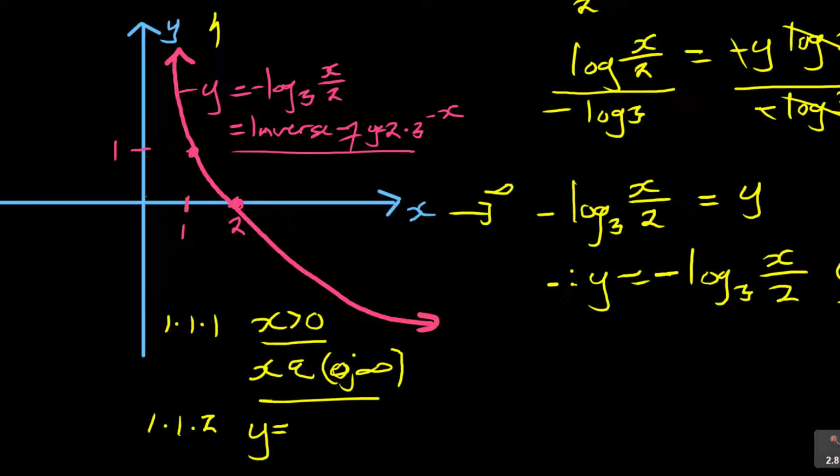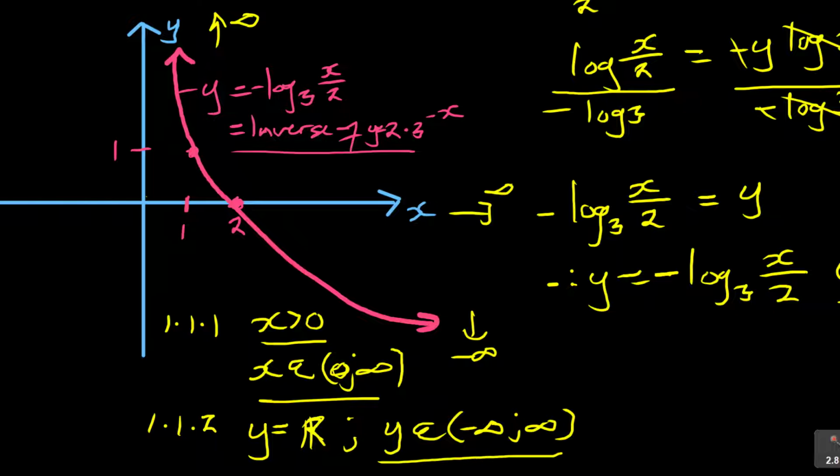So this is positive infinity and this is negative infinity. So y simply is an element of what? Of real numbers. All the real numbers, you can write it like that. Or you can say y is an element of negative infinity to positive infinity. They'll still give you a mark for that.